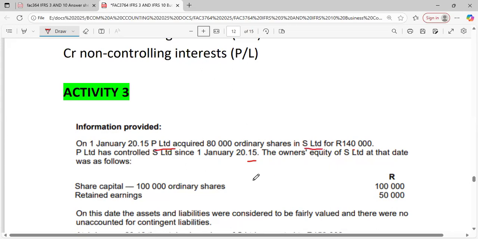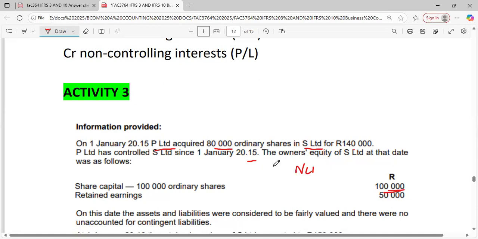Every time when you are reading your question, if they acquired 80,000 ordinary shares, you quickly go and look for how many shares are held by the subsidiary. So you can see here the subsidiary has 100,000 shares. So if they have 100,000 shares, then it means they did not acquire all the shares, so there is going to be a non-controlling interest. This is also what you should use to work out the percentage of interest in the subsidiary.